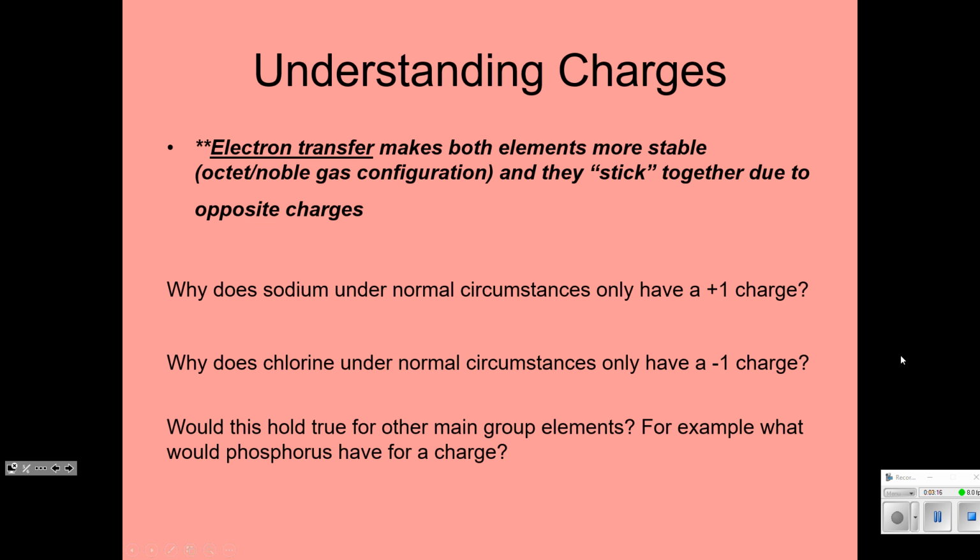We have 3 questions still on our note sheet. The first one, why does sodium under normal circumstances only have a +1 charge? So in other words, why wouldn't sodium ever lose 2 electrons? What would happen if it lost 2 electrons with its electron configuration? Would it be at the octet? No. Would it gain an electron?